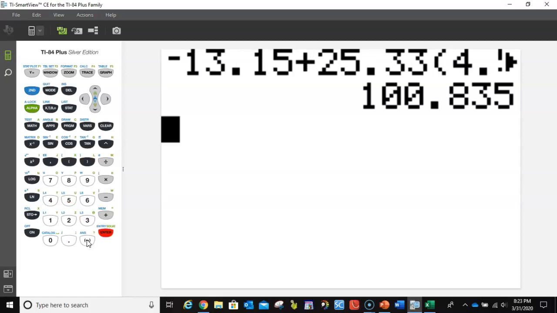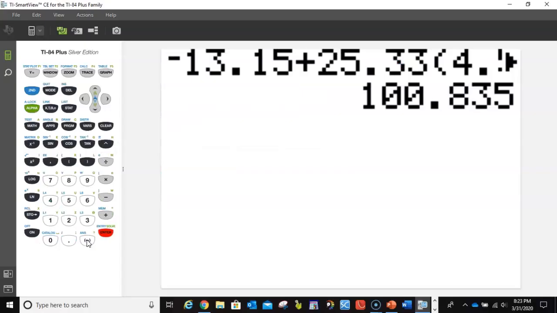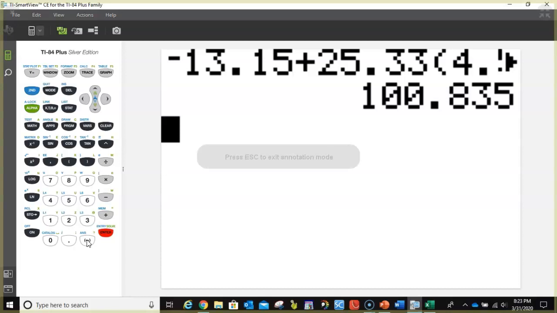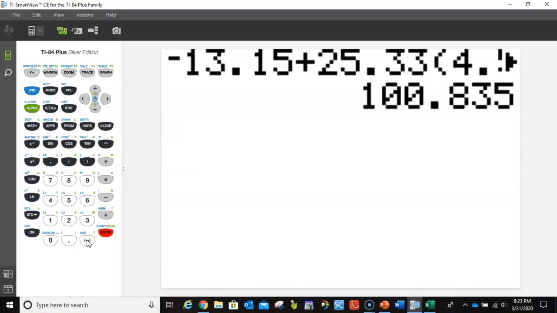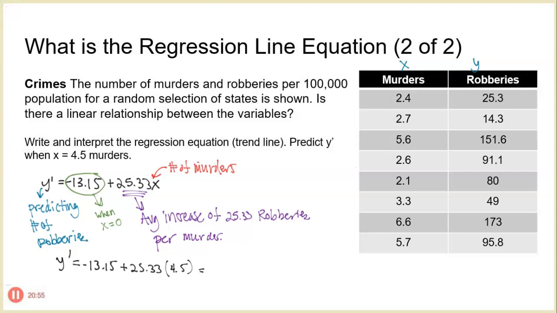So we're predicting about 101 robberies for those 4.5 murders.